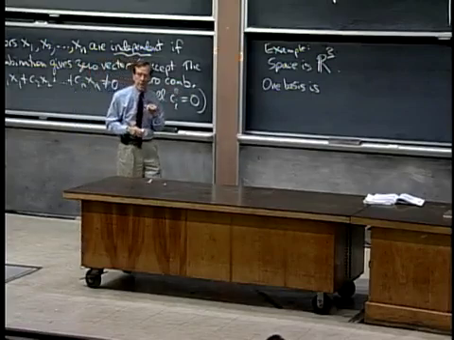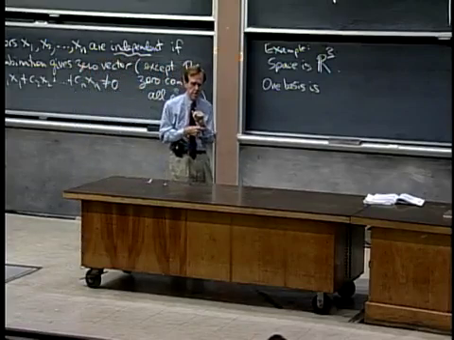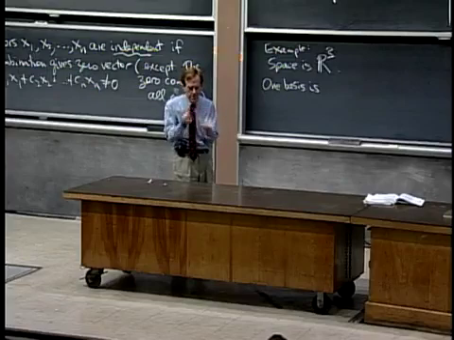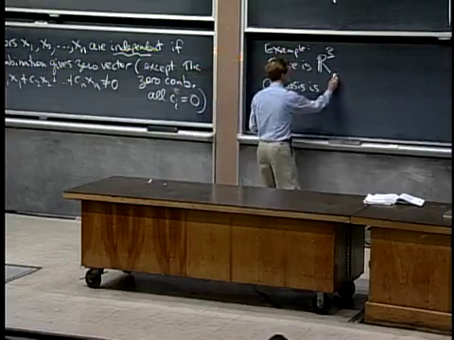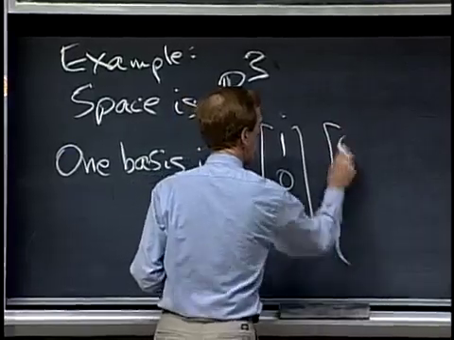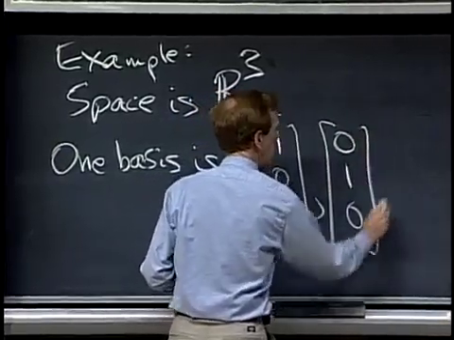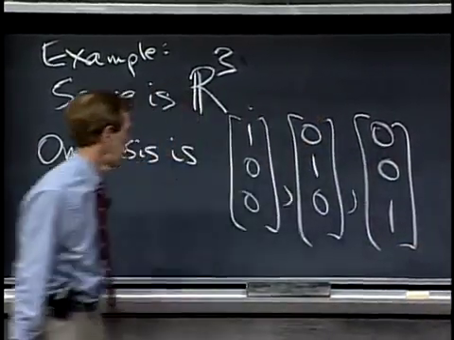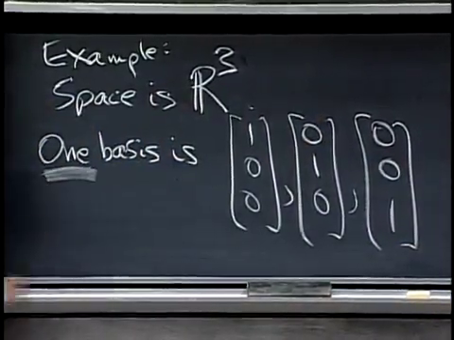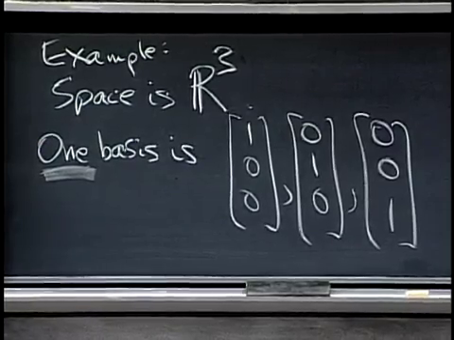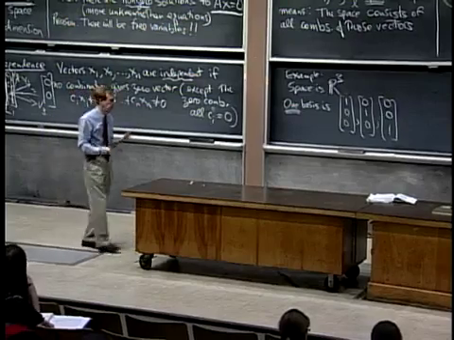So what would be a basis for three-dimensional space? Well, the first basis that comes to mind is this vector, and this vector. Okay, that's one basis. Not the only basis, that's going to be my point. But let's just see, yes, that's a basis.